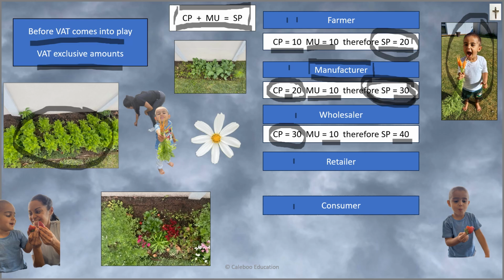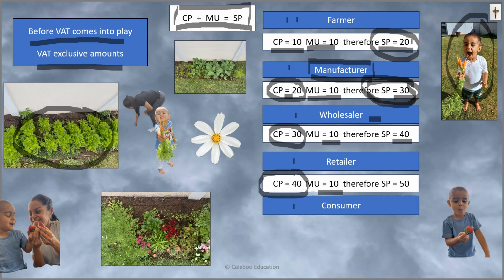Remember, these numbers all exclude VAT. So the wholesaler sells to the retailer, and the cost price becomes 40, and the markup is 10.